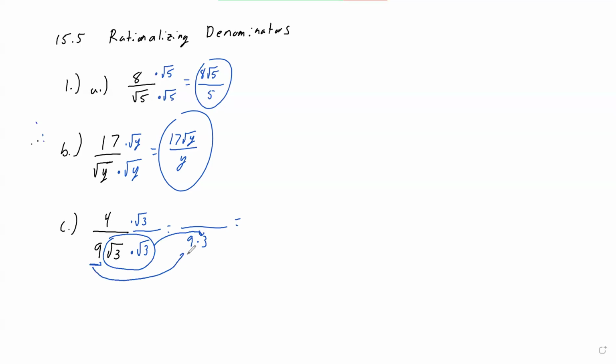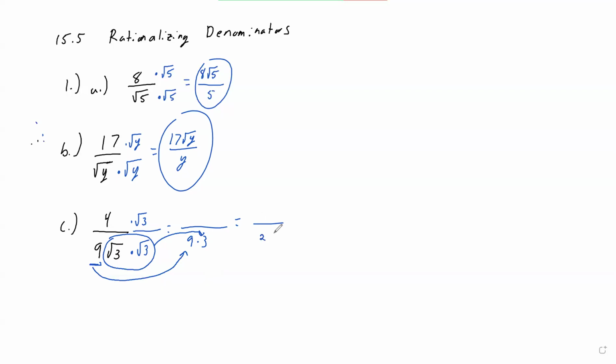So now it becomes 9 times 3. Earlier, when we were multiplying by just the radical, it just became itself, but there was nothing there to multiply it with. Now I have something that's being multiplied to that square root of 3. So when I multiply it by another square root of 3, it's still going to be 9 times, but instead of a square root of 3, it's just a 3, which gives us a nice clean number of what?